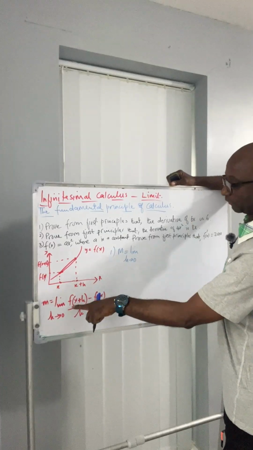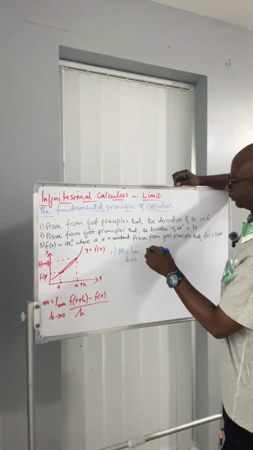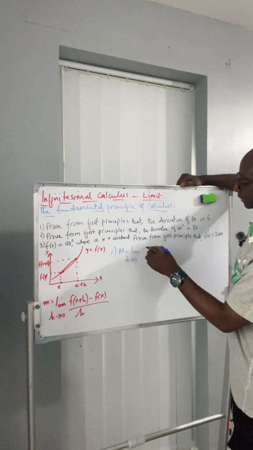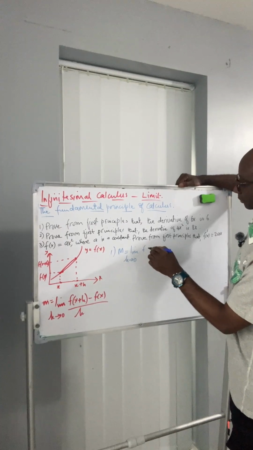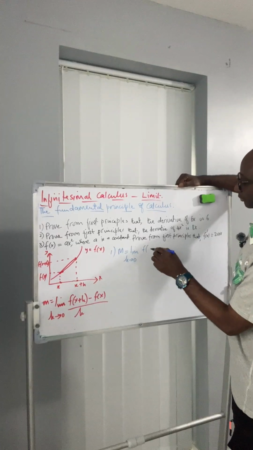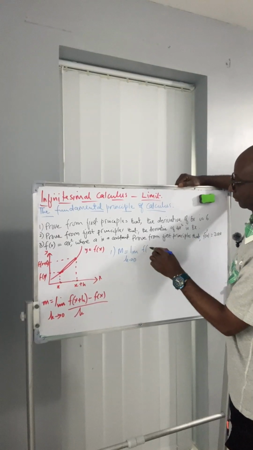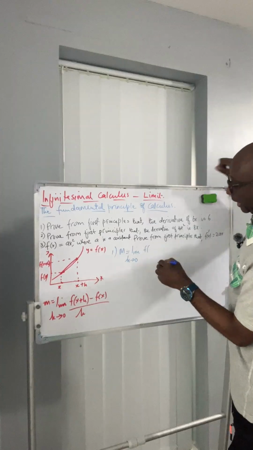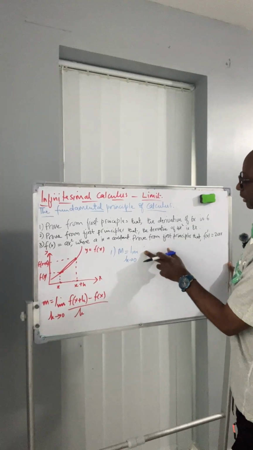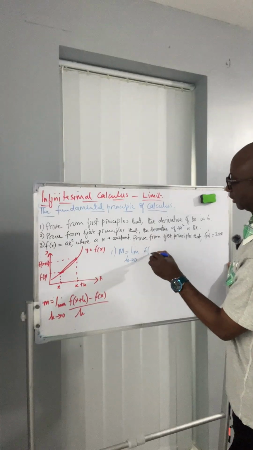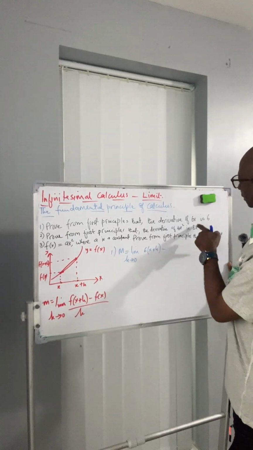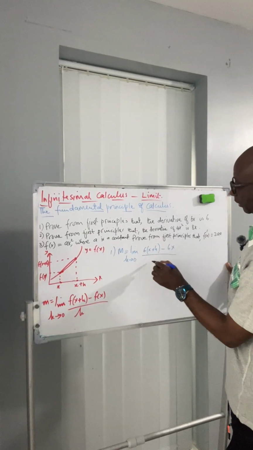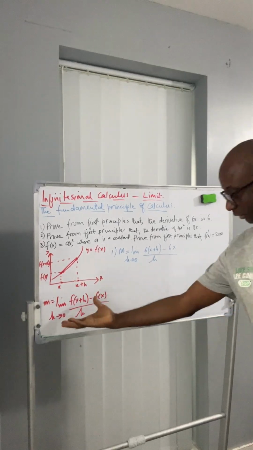In this case, you're having f of x plus h, which is 6 into x plus h, minus 6x, all over h, because we are just applying this straight.